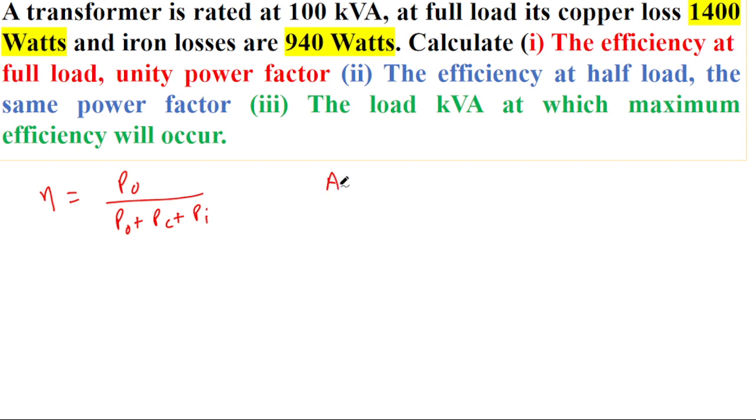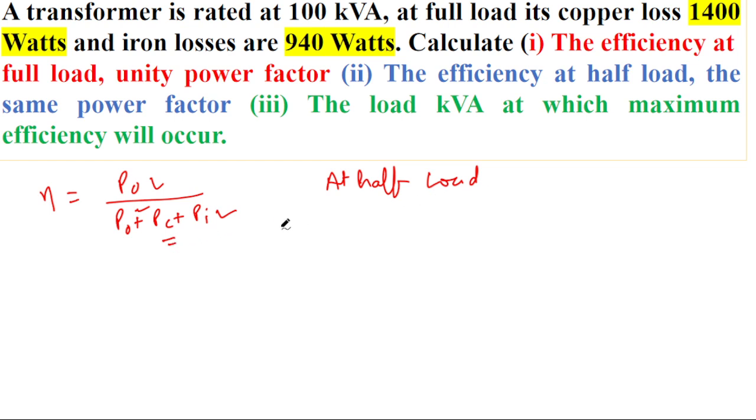So at half load, PC will change, PI will remain the same, right, and PO is given at unity power factor, so it will become 50 kVA multiplied by 1, so PO can be found out. The only question is how much copper loss will occur at half load.